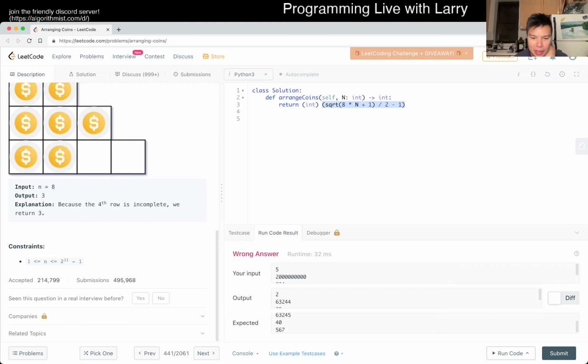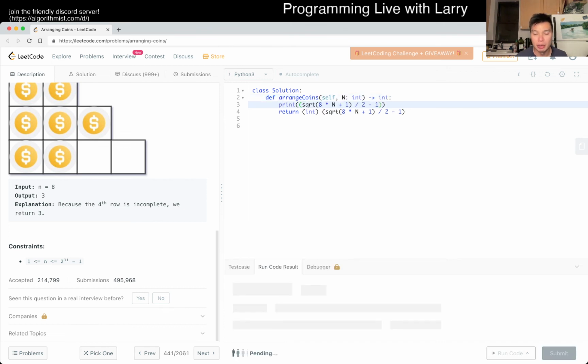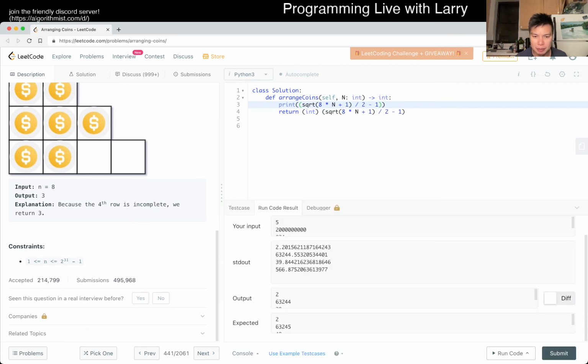I do worry that there'll be rounding errors. That's the issue I worry about, which is why I said at the top of the video that I generally don't like doing this, because yeah, there might be rounding errors. And in this case, there are.